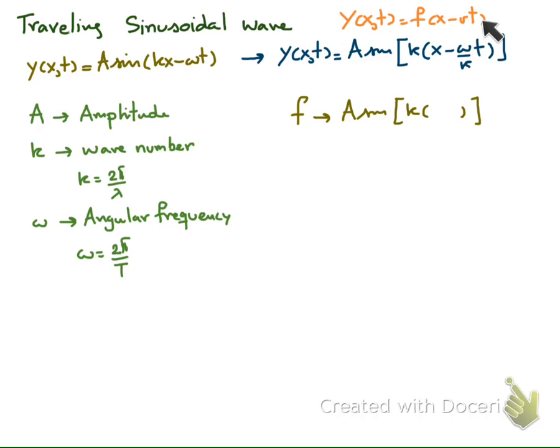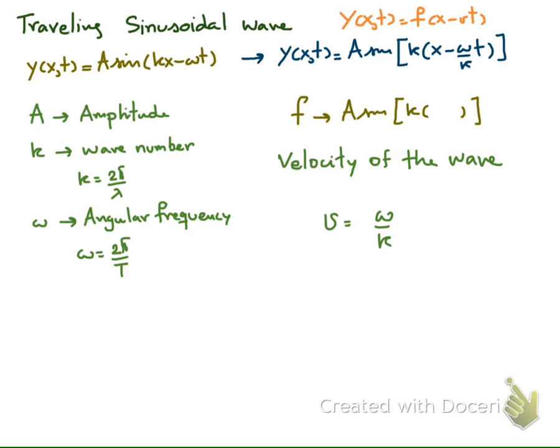Compared to this equation, we have the velocity of the wave v equal to omega over k.